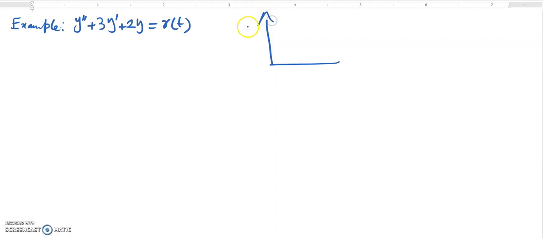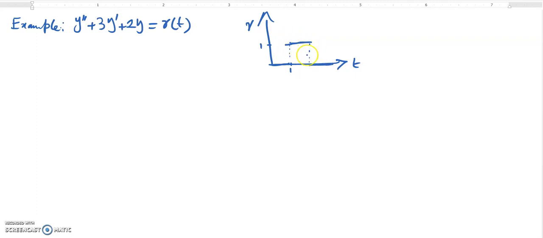So this is r, and this is t. From 0 to 1, it's 0. From 1 to 2, it is 1. And from 2 to above, it is again 0.